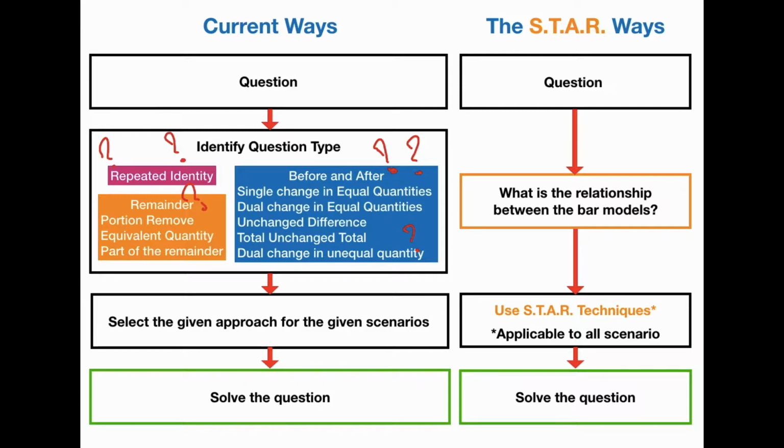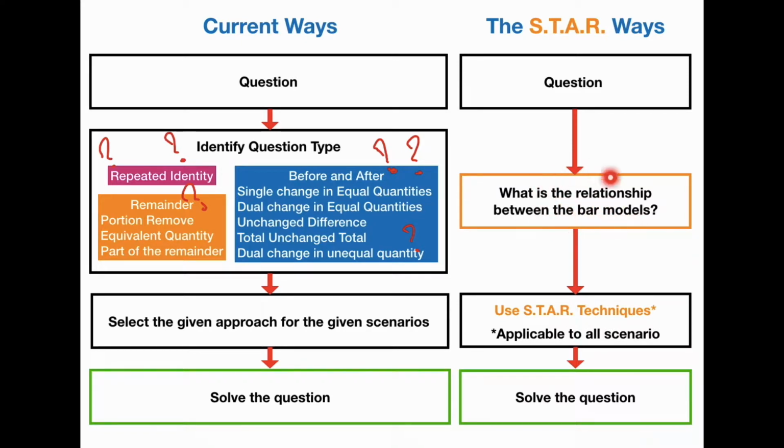But I have a way to overcome this problem by using the STAR way. So how does it work? Let's look at this. We have a question over here. Instead of identifying the question types and the approach to use, we just answer one simple question. What is the relationship between the bar models?